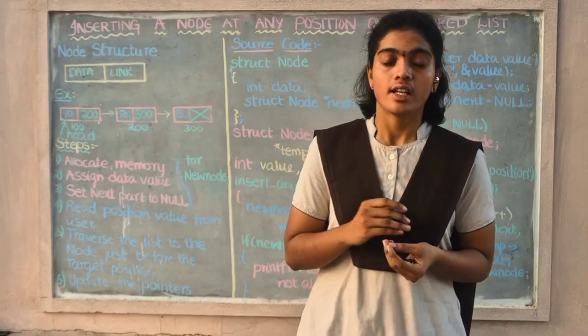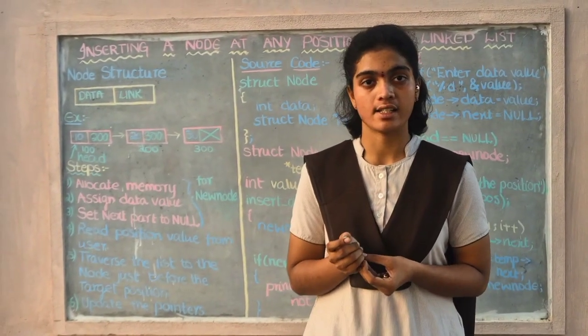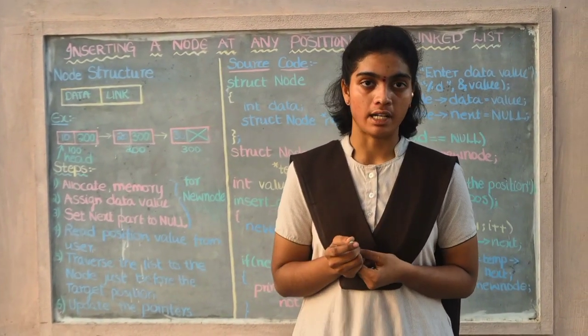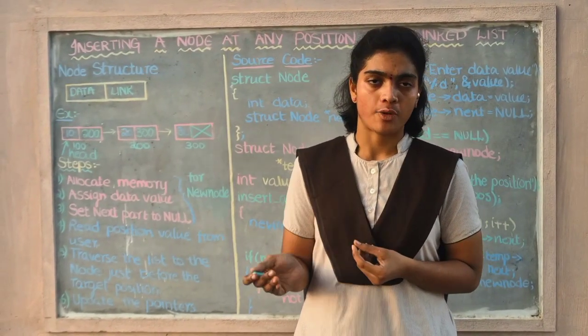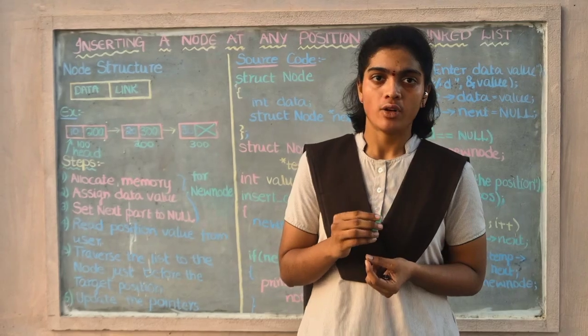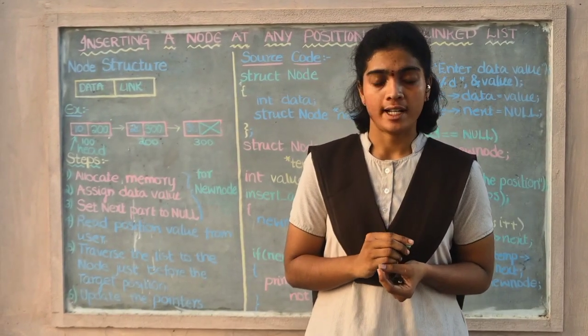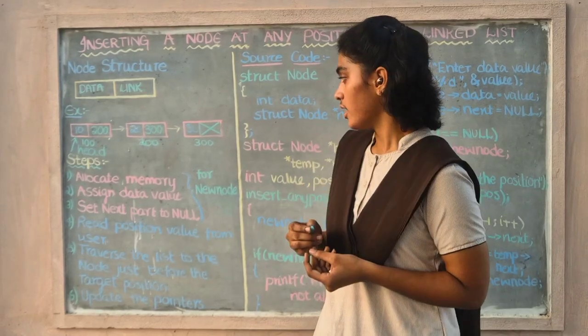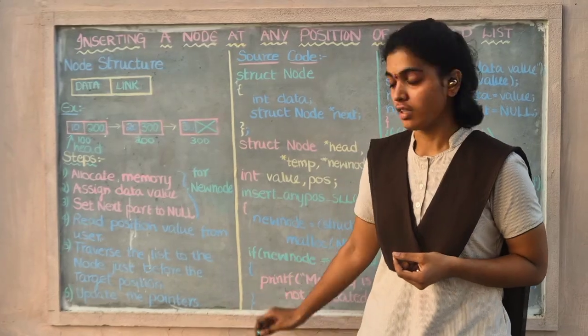In the same way, performing insertion and deletion operations on a singly linked list is easy when compared with a doubly linked list. The actual reason is that a singly linked list requires updating of one variable, but a doubly linked list requires updating of two variables.